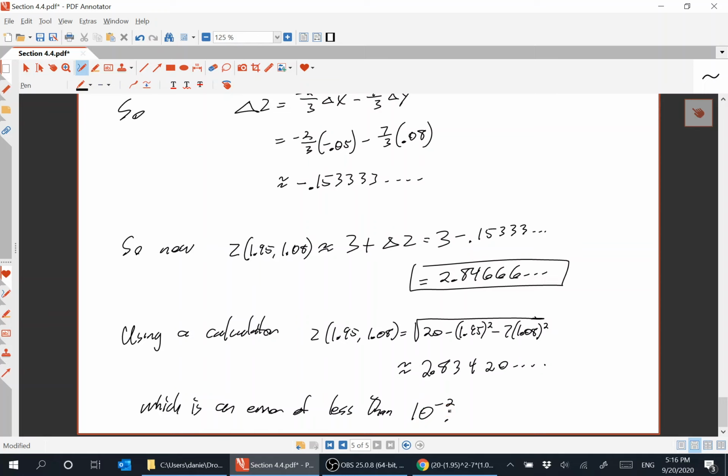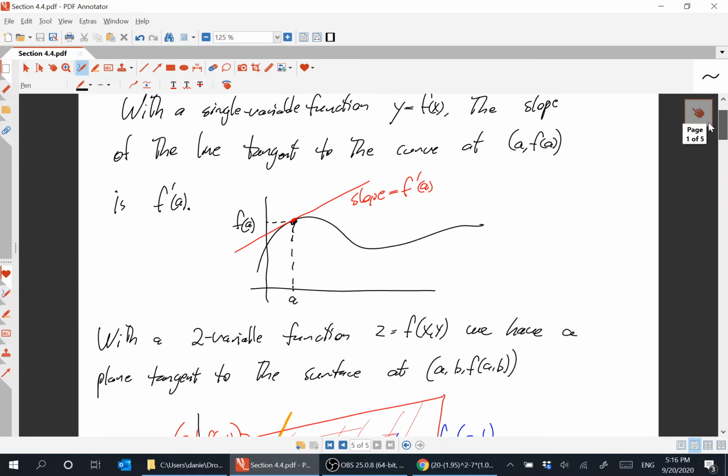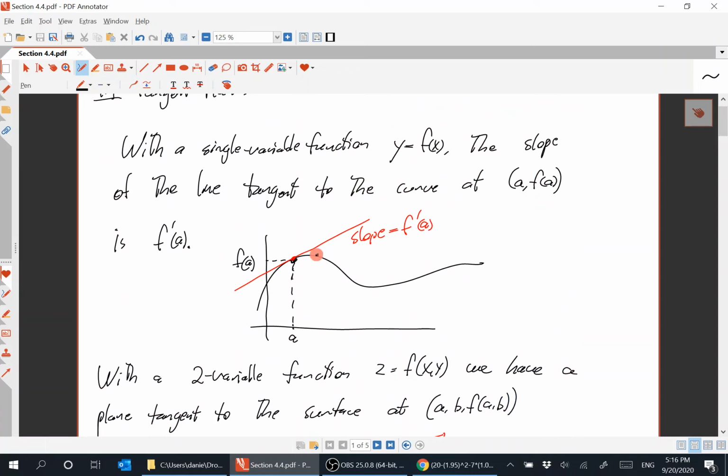So we see the tangent plane approximating the function for small changes in x and y. Large changes in x and y, of course, you're not going to get a good approximation. This was talked about a lot in Calc 1: the tangent line approximates the function for small variations around a. When you get large variations, there's a huge difference between the two. But for tiny variations of x around a, the difference is small.